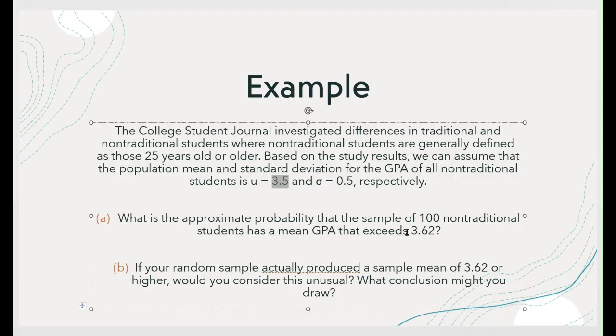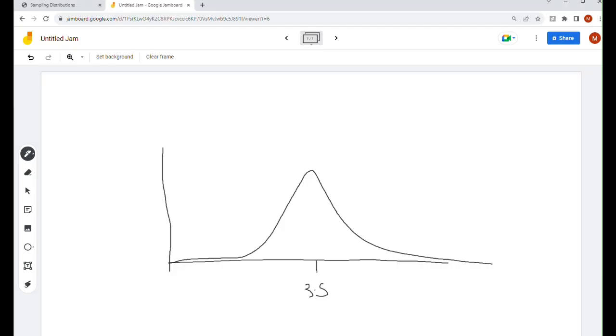Now the question is asking, what is the probability that the sample of 100 students has a mean that exceeds 3.62? So we want to know what our probability is that we are greater than 3.62.